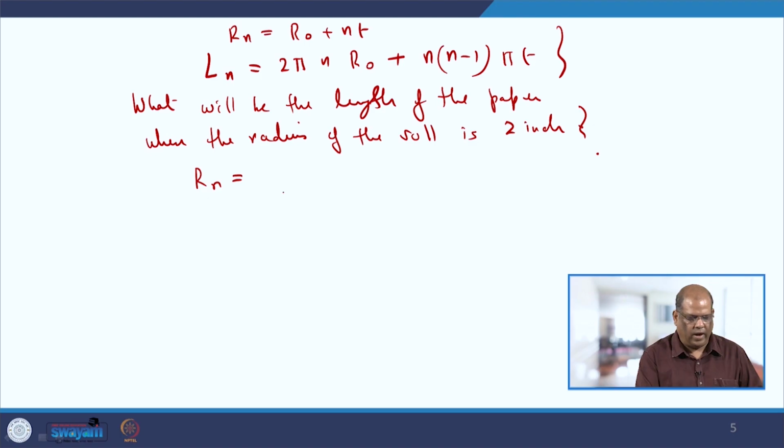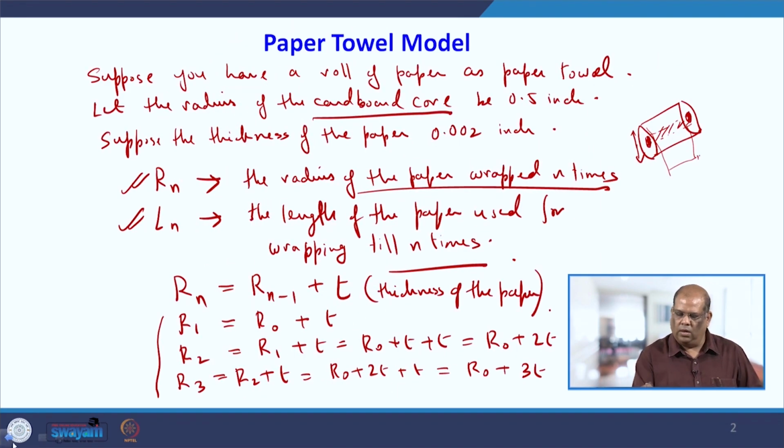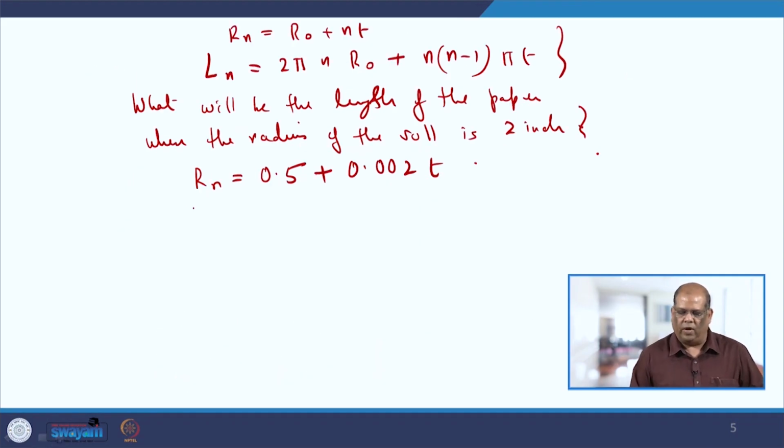The initial radius of the core is given to be 0.5 and the thickness is given to be 0.002. If you quickly recall, t is the thickness of the paper, and R0 is the radius of the cardboard core. So, we got this equation for Rn. Next, it is given that Rn is equal to 2 inch.